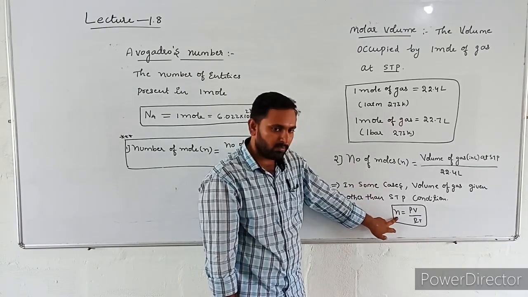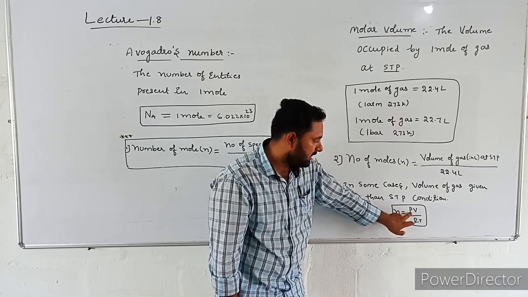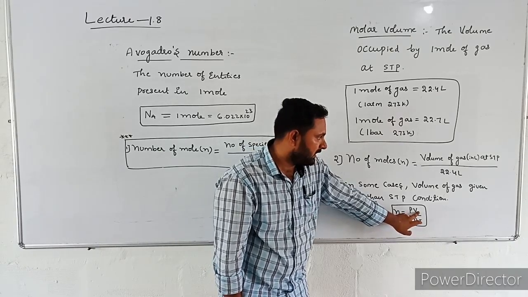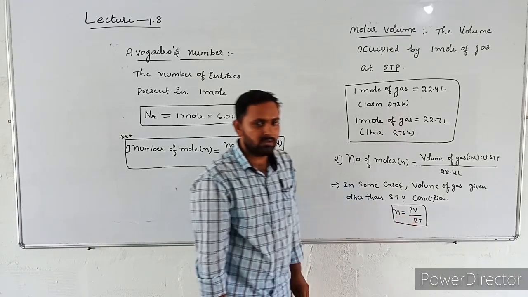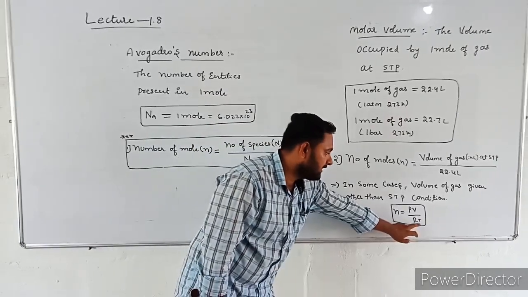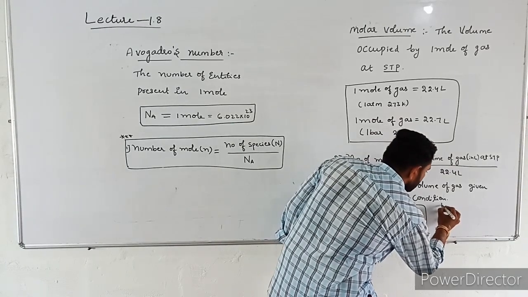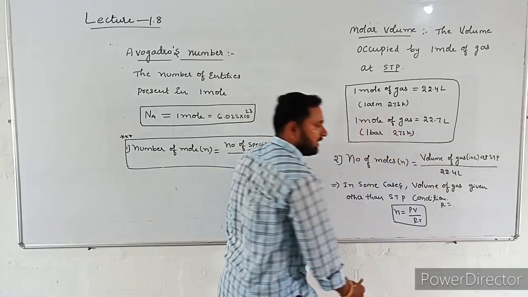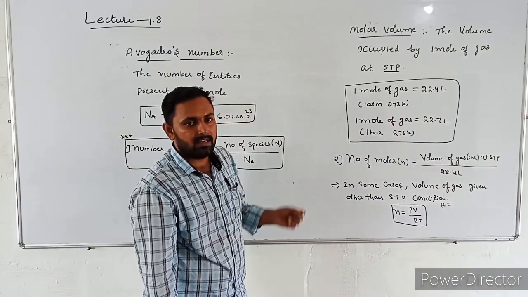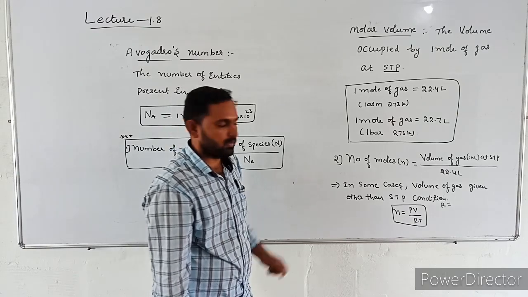n means number of moles, equal to PV by RT. P means pressure, V means volume of gas, R means universal gas constant, T means temperature. I will write the R values here. You have to remember the R values. In some cases, the R value will be given in the question itself.